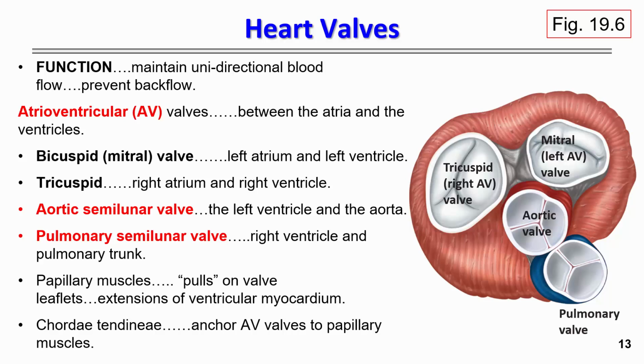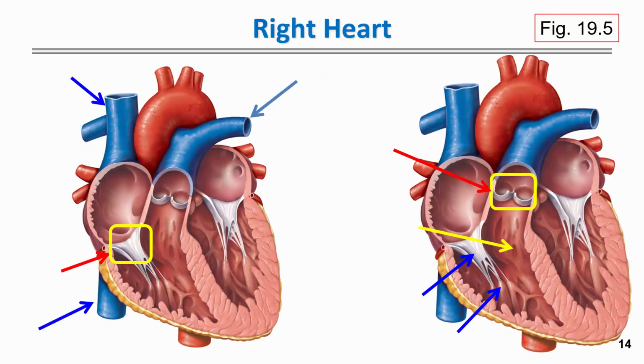The pulmonary valve extends from the right ventricle, and the pulmonary trunk is the major vessel leaving the right ventricle, and that's deoxygenated blood going to the lungs, and the valve regulates the exit of that blood out of that chamber. Connecting the valves, we see what's called a fibrous skeleton, and that fibrous skeleton is made up of connective tissue that helps to provide structure to the heart.